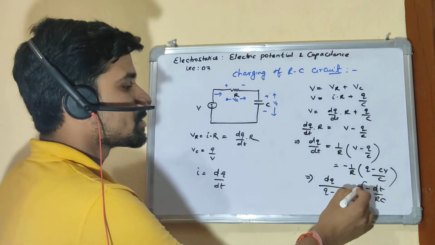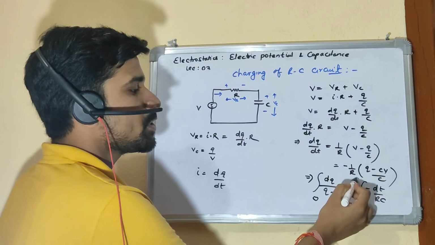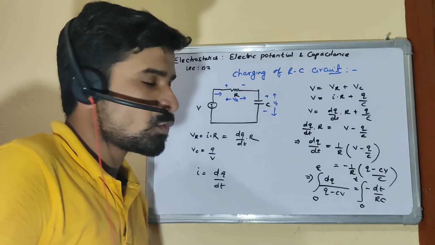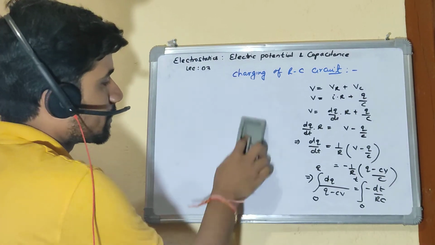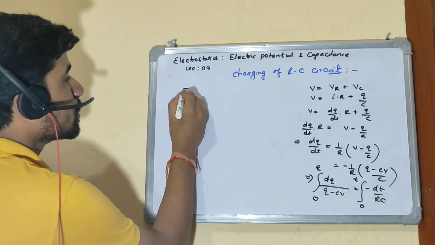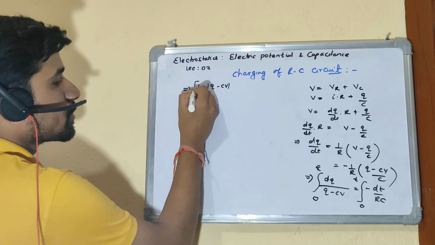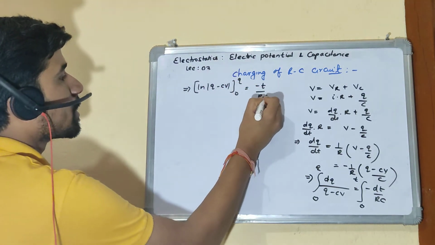Now let's integrate these quantities. At time equal to 0, my charge was 0. At time equal to t, my charge was q. Clear? Let's integrate and see what value of charge we get. So integration will be nothing but ln of q minus CV, from 0 to q, and this will give me minus t by RC, right?